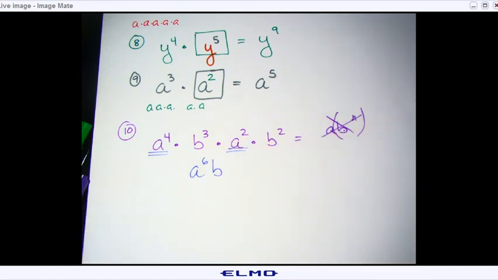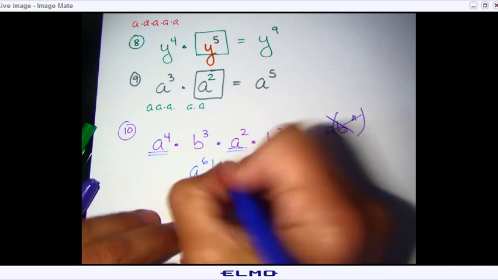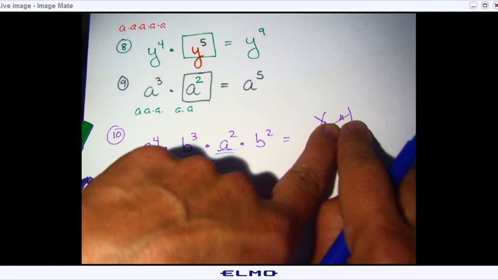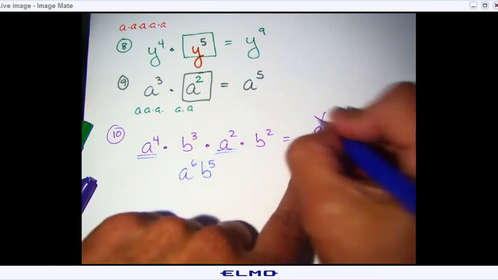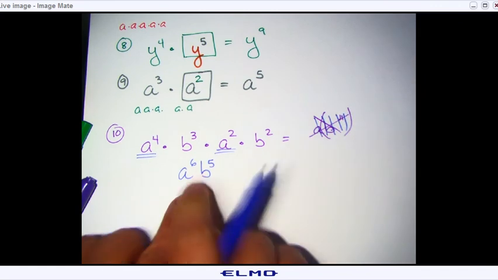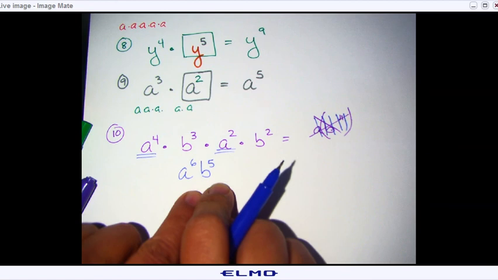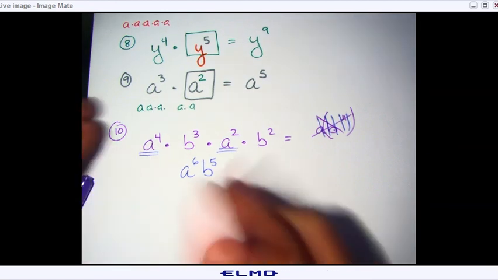Come on, guys. b to the what? Yeah. b to the 5. Yes. There you go. See? Some kids will do this, a, b, 11, right? That means they don't understand the exponent rules. So we're here to actually understand it. So here, the a with the a, and the b with the b. So far, so good? All right, cool.